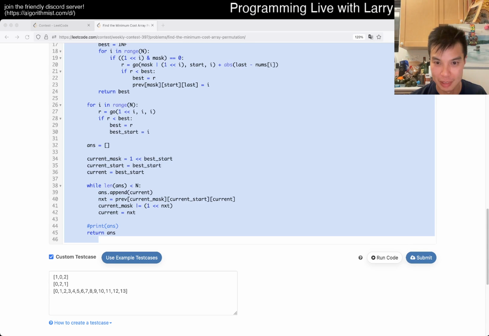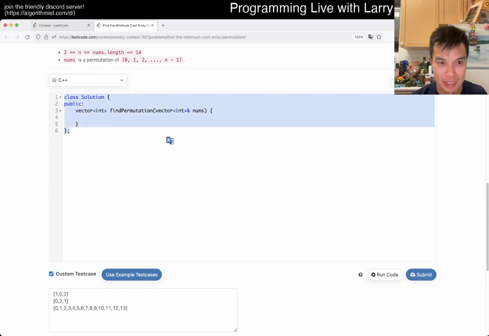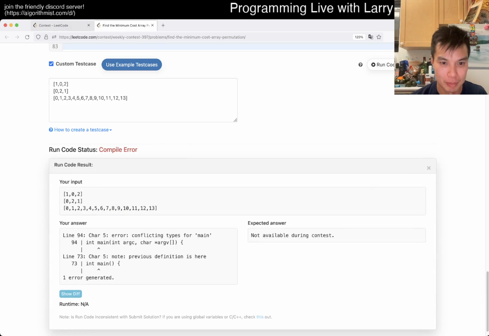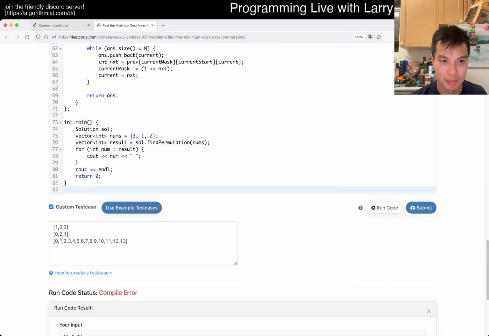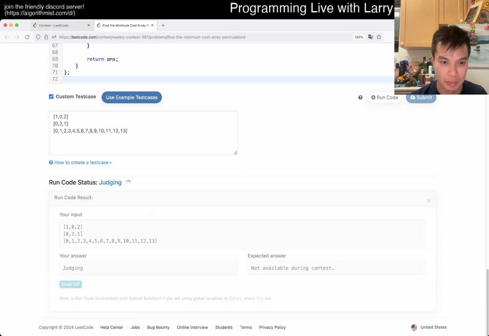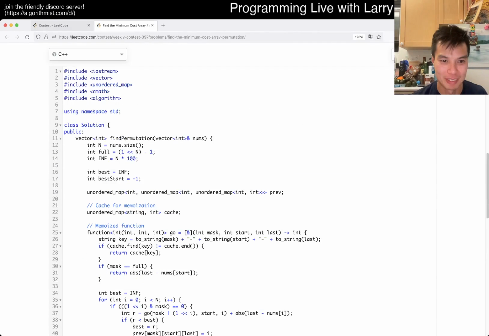It does, but it uses string caching, which maybe is a little bit dubious. I don't know what I feel about this though. Is it going to time out? This takes even longer than my Python code because of all this conversion thing.